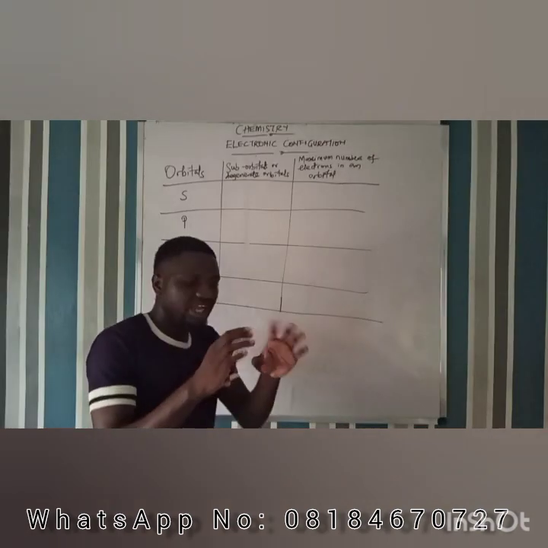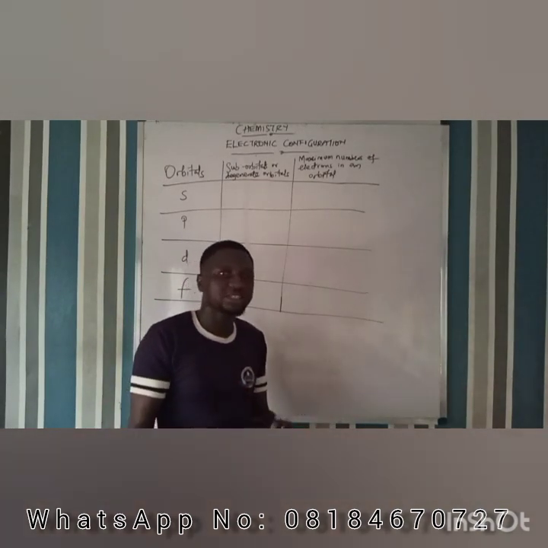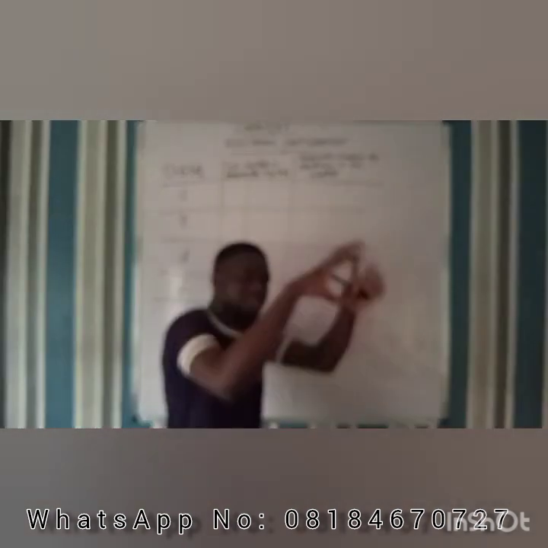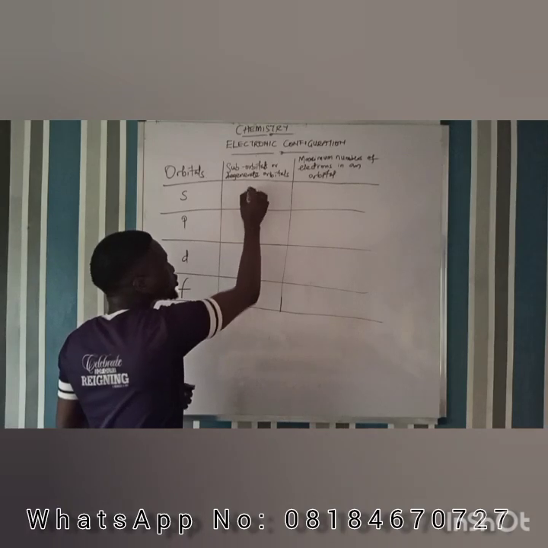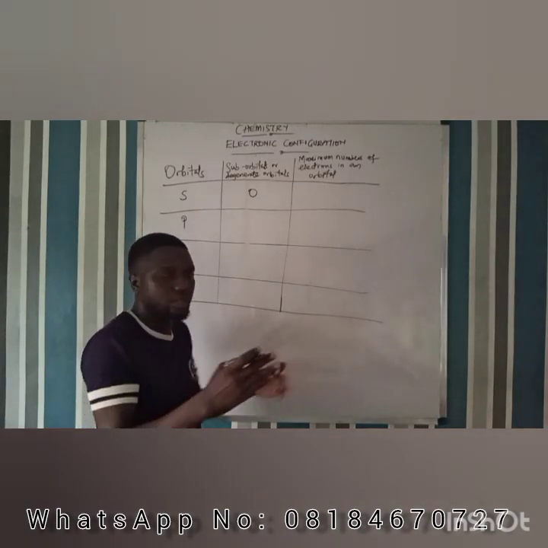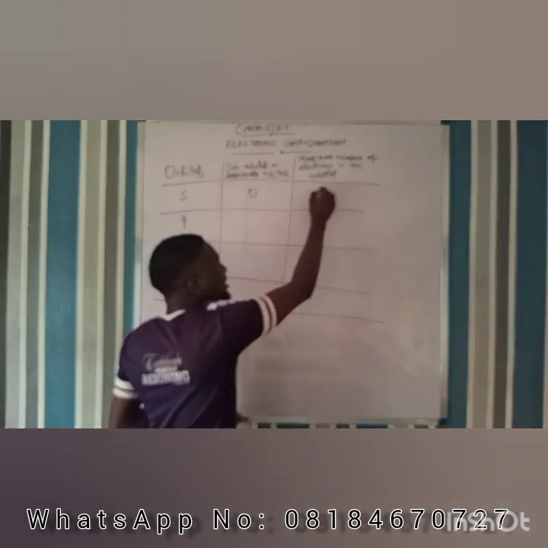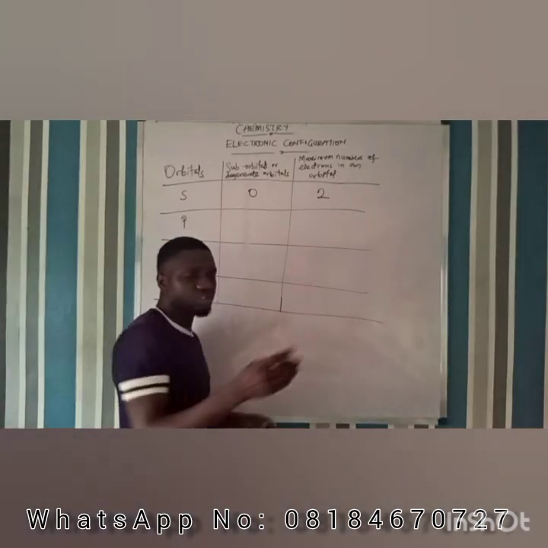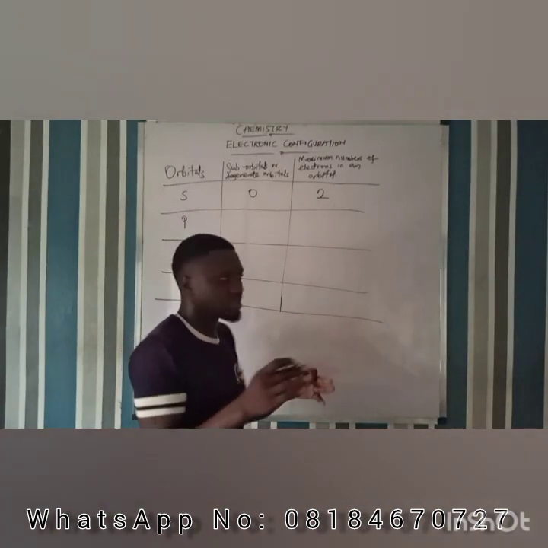The orbital cannot be further divided into suborbitals. When we say suborbital, that is an orbital inside the normal orbital. So we can only have one degenerate orbital, and the maximum number of electrons there is just 2, because in each degenerate orbital we can only have 2 electrons.